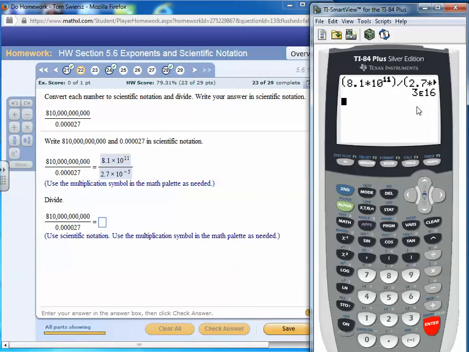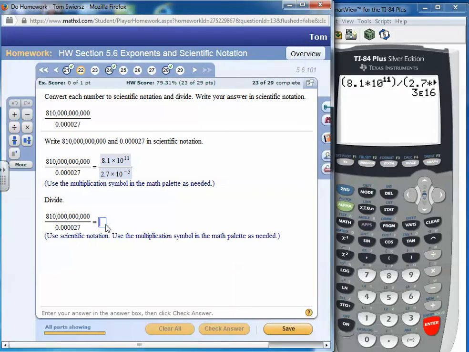Remember, E stands for times 10. So this would be 3 times 10, the base is 10, the exponent is 16.